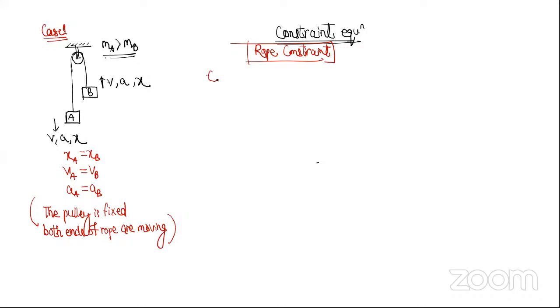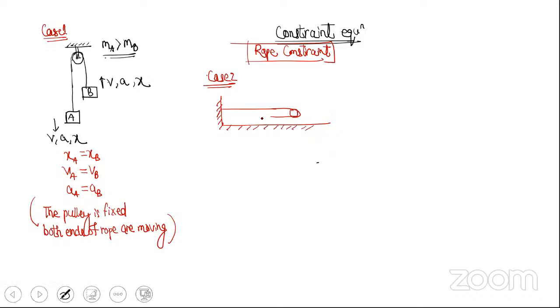Case two, look. This is another case. Let's say here is a rope. Here is a block.